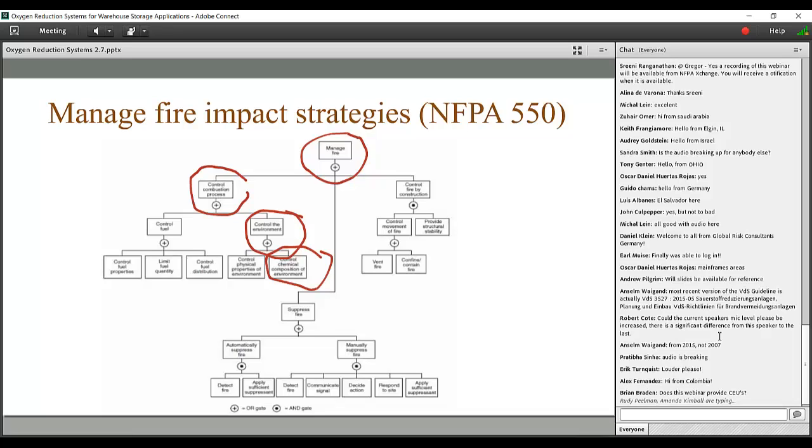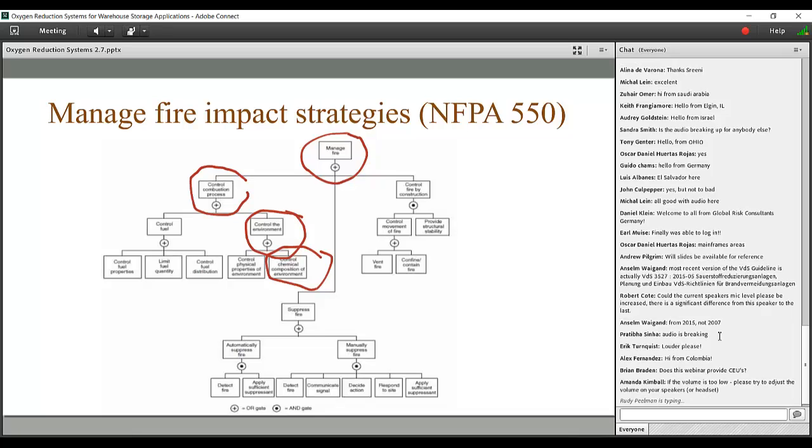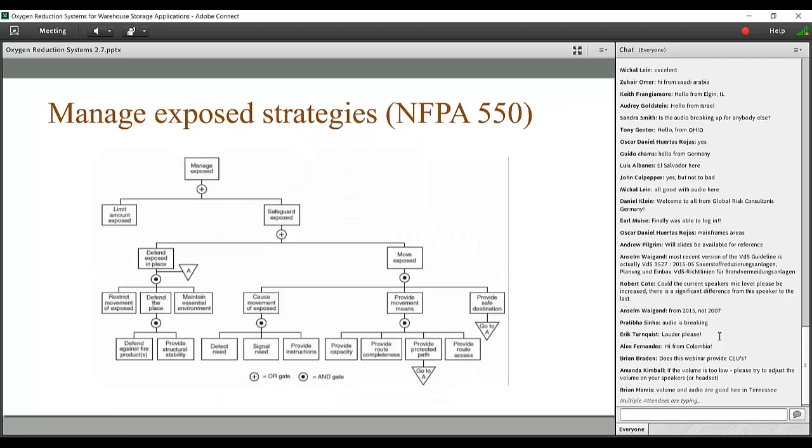To a certain extent, many types of extinguishing agents, clean agents, work this way, where you could either interrupt the chemical process or reduce the ignition. So in a way there is applicability to fire protection, but the other part of fire protection on the management side is that we're dealing with managing the exposed.